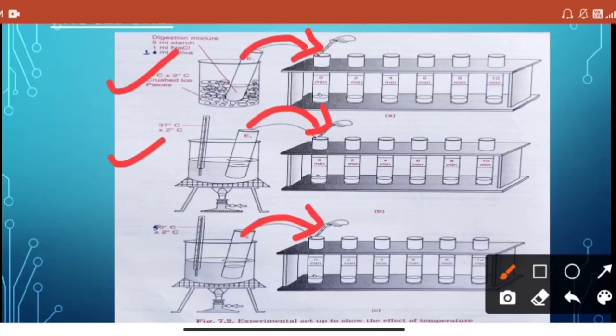The point, that particular minute at which the color will change, we will term as the achromic point. So for the second setup, the value of achromic point will be very low. We will observe the change of coloration within a few minutes.